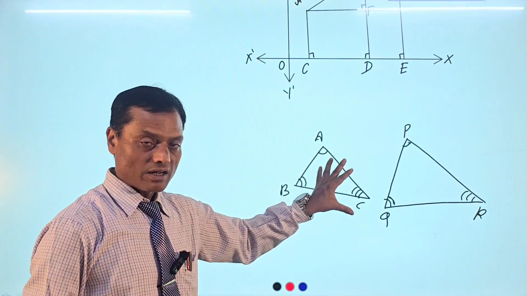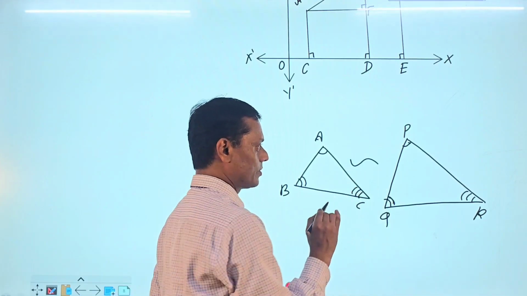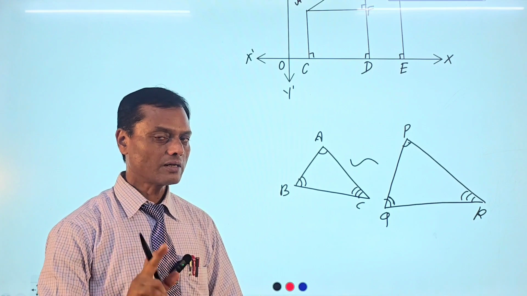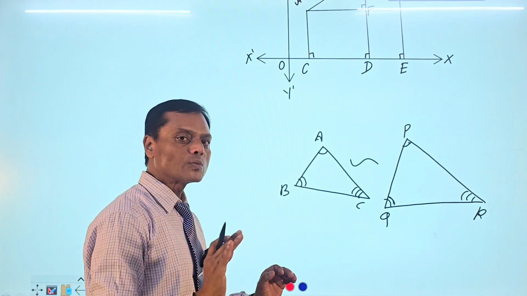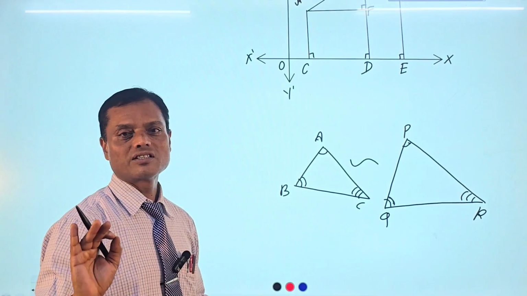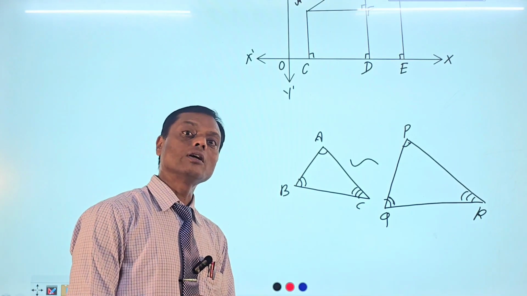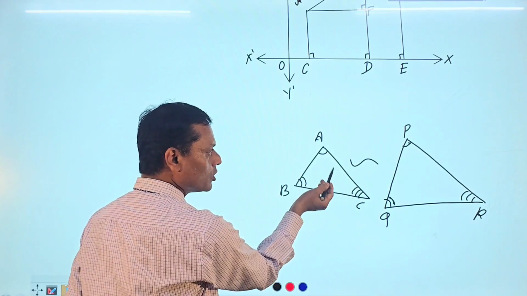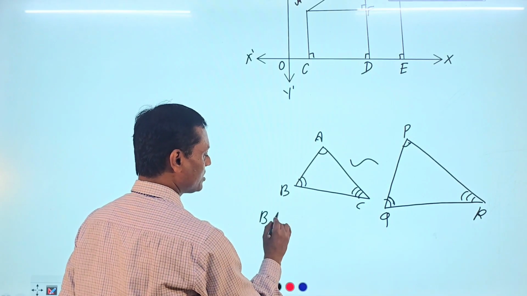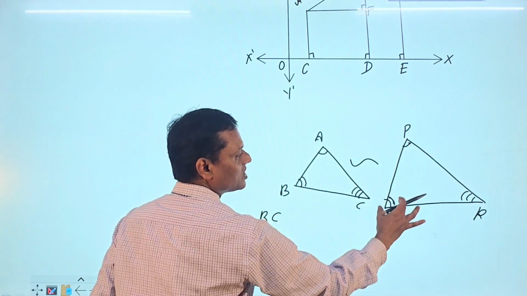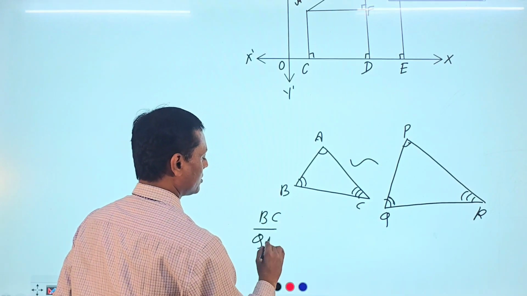Here this angle C and angle R both become equal. If the two triangles are similar, like this, what happens? The sides are proportional. The corresponding sides are proportional. And what do you mean by the corresponding sides? The corresponding sides means the sides opposite to the equal angles. A and P are equal, correct? So opposite to A is BC, so we write here BC over, and A is equal to P, and opposite to P is QR, so we write here QR.